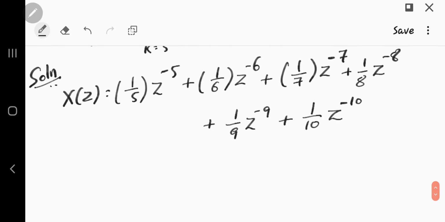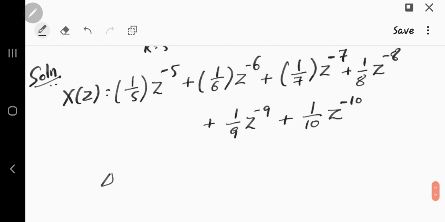Now if you continue this, we have a z transform for delta n minus k. If you perform the z transform, you will get z to the power of minus k.